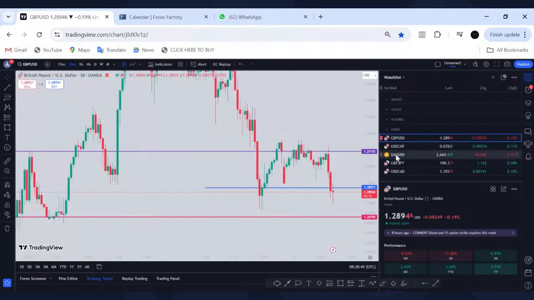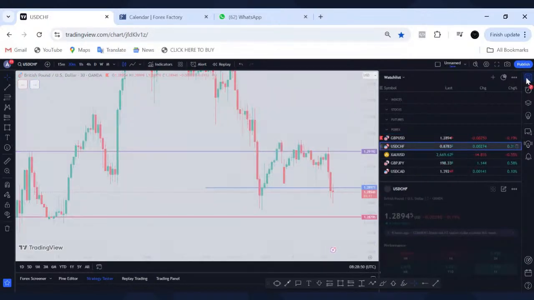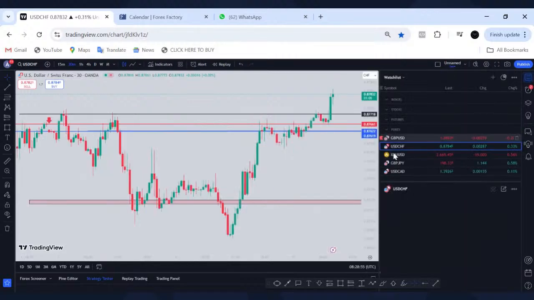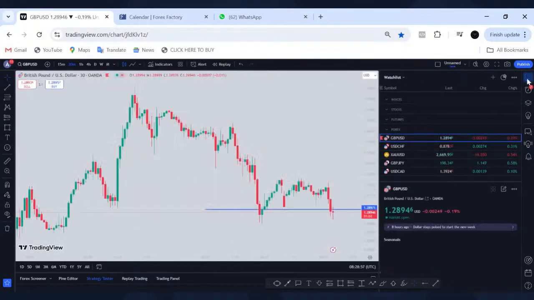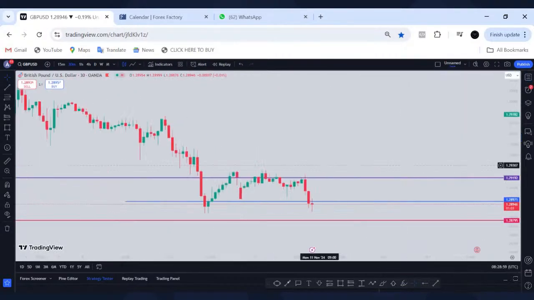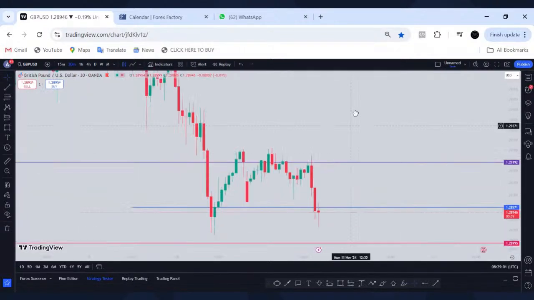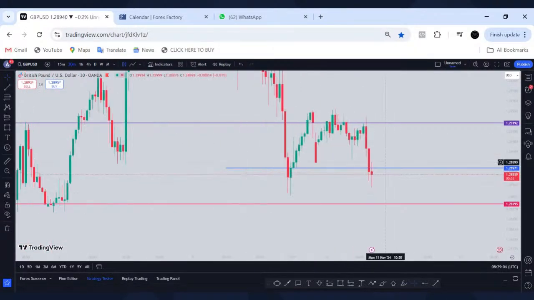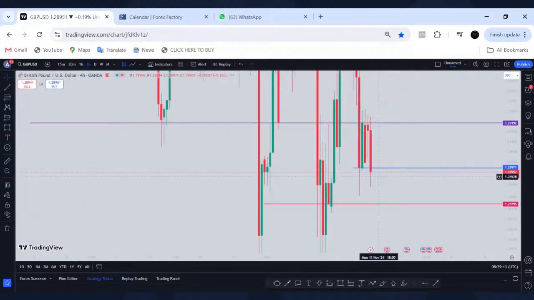I'm just going to wait for the 30-minute candle to close. The 30-minute candle will close very soon. You've just missed all the opportunities. You didn't get any opportunity today.